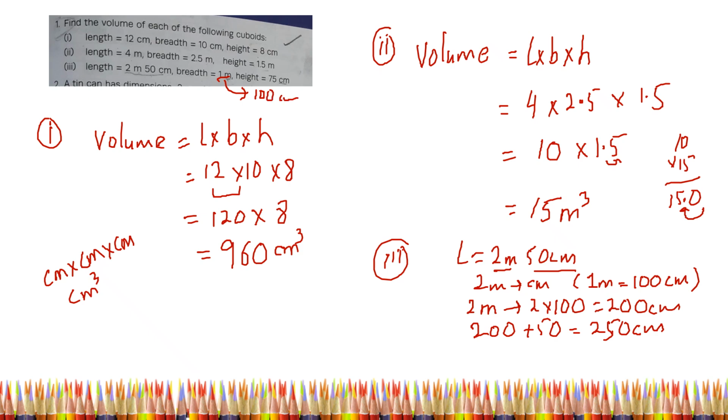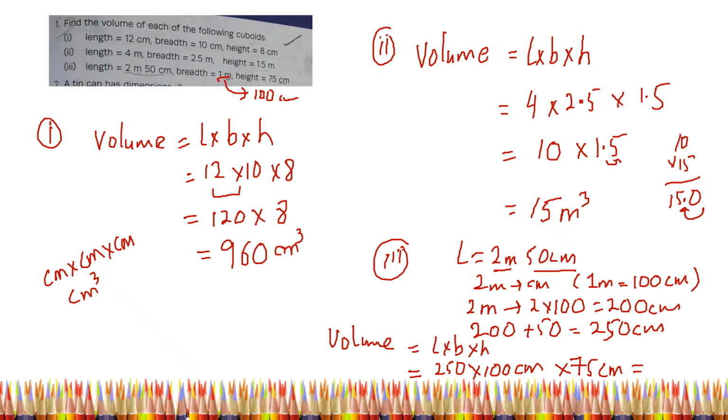So for finding the volume, it will be L multiplied by B multiplied by H, which is, in this case, length is 250 centimeter, breadth is 100 centimeter, and the height is 75 centimeter.